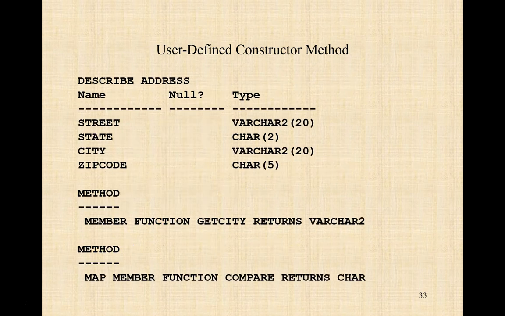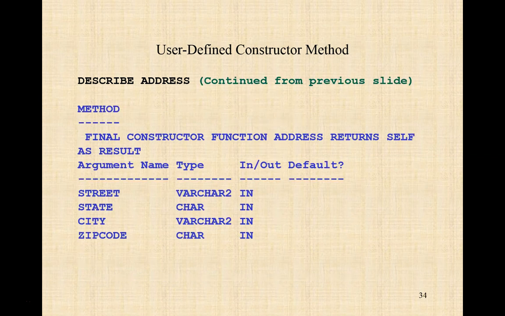If we now describe the address type, we again see the structure, the attributes, we see the other methods, and then if we continue, we'll see the result of the method included here. So it tells us the details that this is a constructor function, and it returns self as a result. It also shows us the argument list for this user-defined constructor.